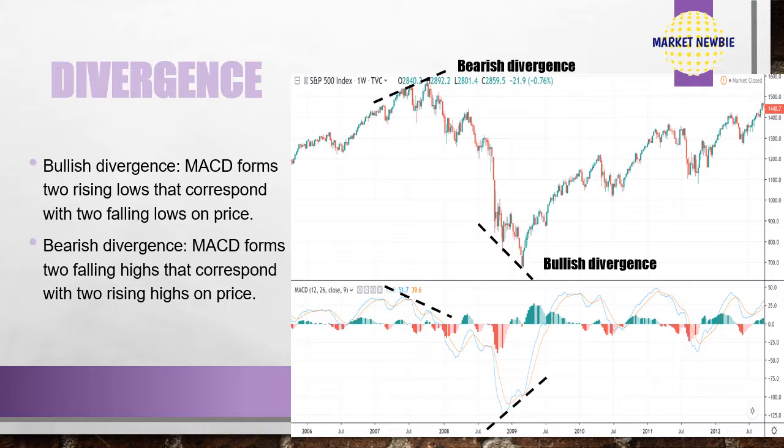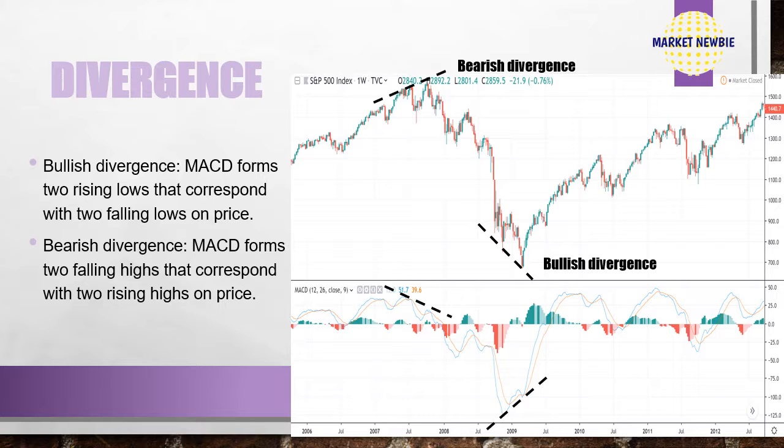This figure shows the weekly chart of S&P 500 during the financial crisis from 2008 to 2009. We can clearly see a bullish divergence from the end of 2008 to March 2009. The bearish divergence happened from mid-2007 to late 2007.